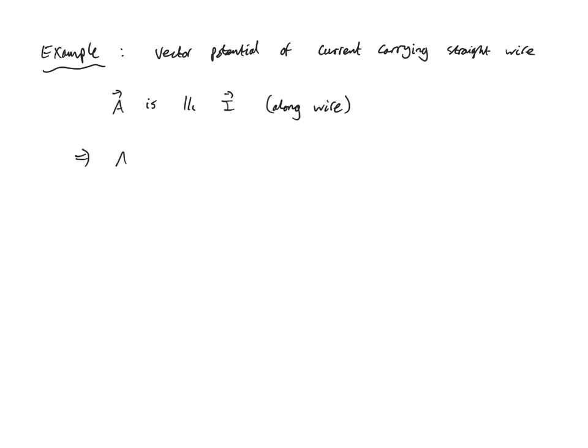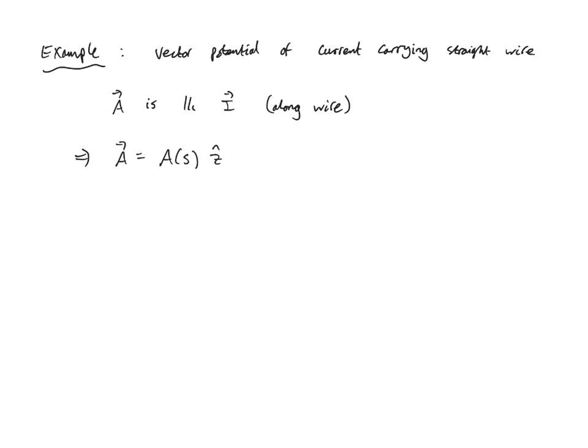Well, we use symmetry arguments, and we see that the vector potential is something that can only depend on the radial distance from the wire, because it's translationally invariant as we go down the wire, and there can't be any circumferential dependence because of the cylindrical symmetry.